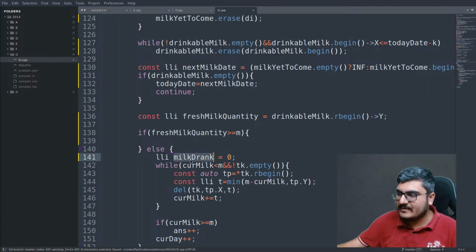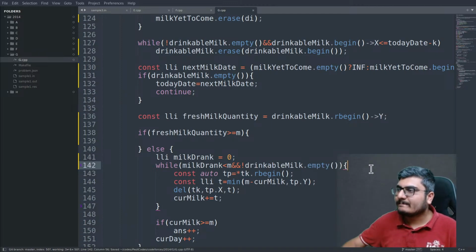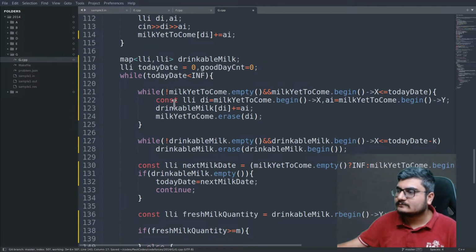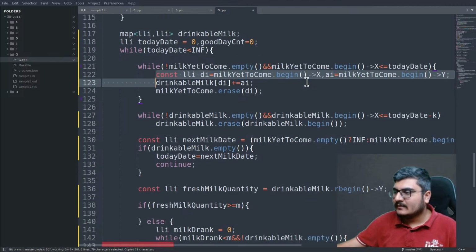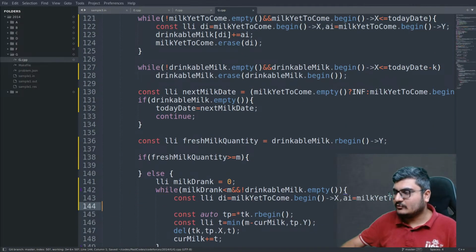As long as the milk we are drinking so far is not 0, we still have some drinkable milk. Take the fresh milk out.